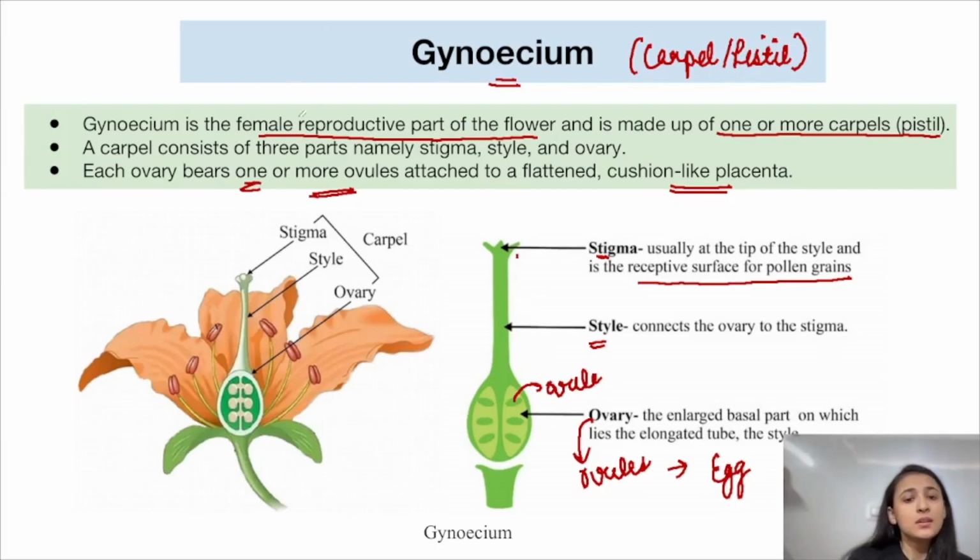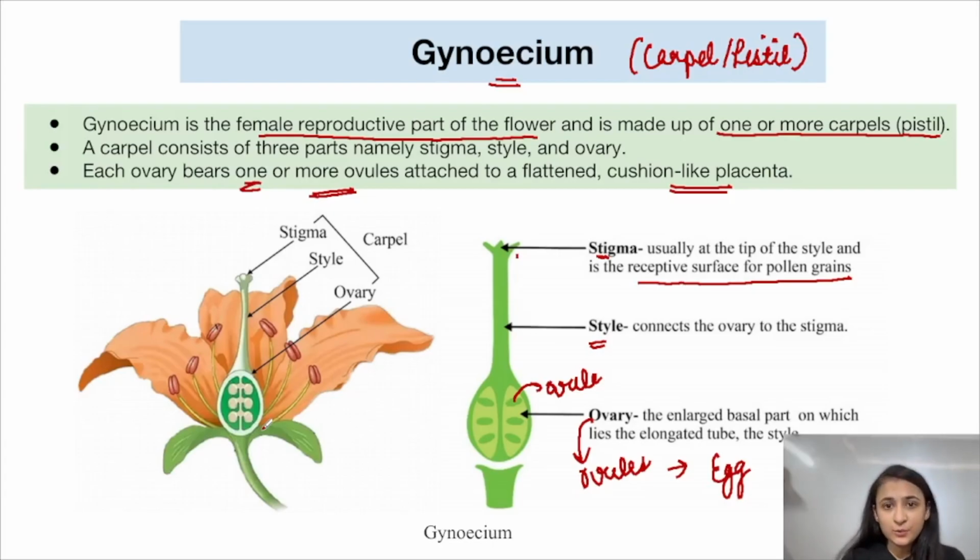So here also the same structure is seen. The carpel is seen within a flower which consists of stigma, style and ovary, innermost wall. Here a single carpel is present. Or it could be more than one carpels which are fused together, which we would study in detail later on. Then there is the wall of stamens, then petals and then sepals.